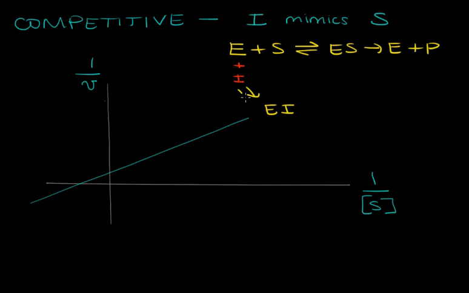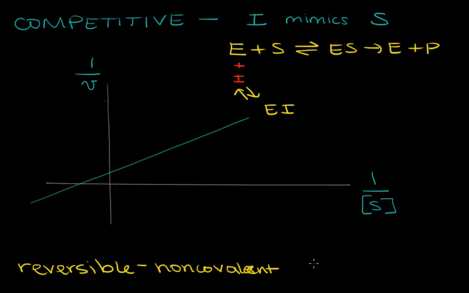One thing I want to mention is that the inhibitors that I'm talking about today are reversible. Most inhibitors are. These only make non-covalent bonds. These can be released. There are irreversible inhibitors, and as you can imagine, those would make covalent bonds.